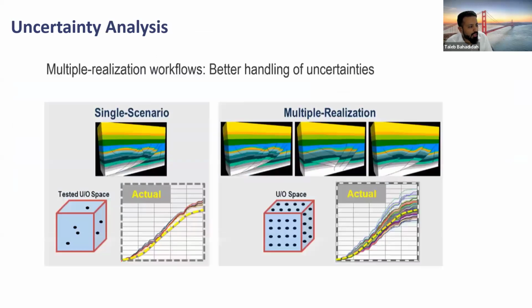If you look at the yellow curve, this is the reality. If we have one single scenario, we may not cover the actual. But if we have many realizations, you see the actual lies in between. So one of these realizations will be almost together with the actual case.